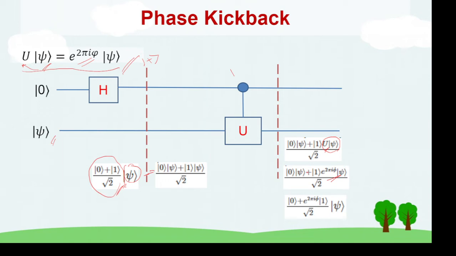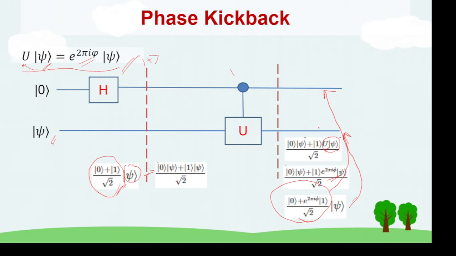Now if I take ket psi out, you will get ket 0 plus e to the power of 2 pi i theta ket 1. That is the state of the control qubit, and psi is as it is, without getting disturbed. So whatever we intend to do is kicked back to the control qubit and not the target qubit. This is what is called phase kickback.